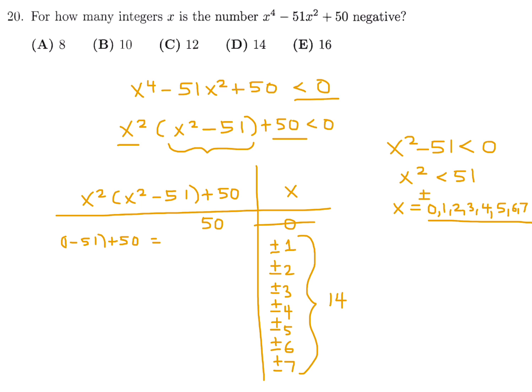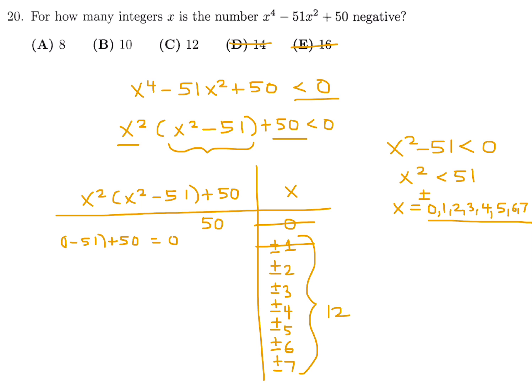And 1 minus 51 is minus 50. And when you add 50 to it, you get 0. Okay. Well, 0 is not less than 0, so these guys are out. So now I am down to only 12 candidates for my answer.